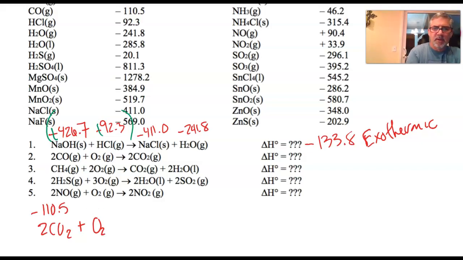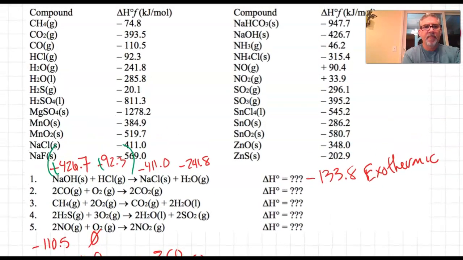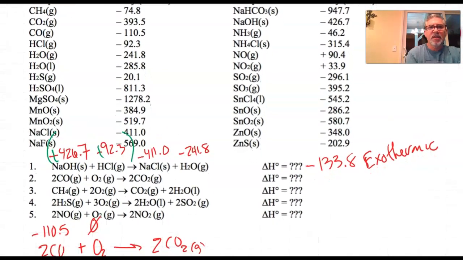It yields 2 CO2. I made a mistake here because this wasn't CO2, that was CO. Carbon monoxide is, oh, I had it right, negative 110.5. CO2, let's find that, is negative 393.5.